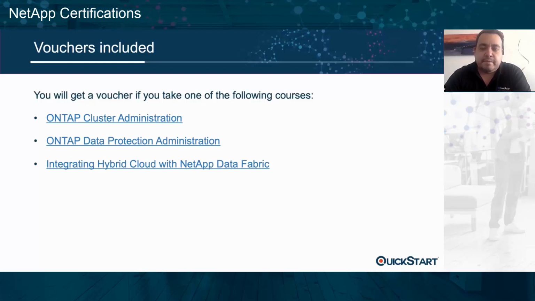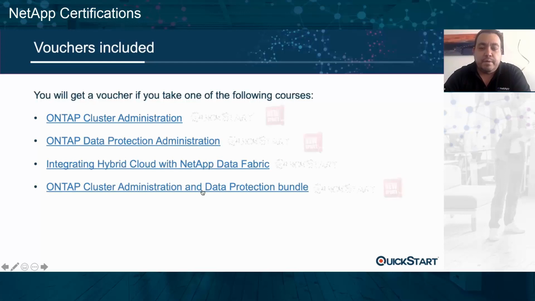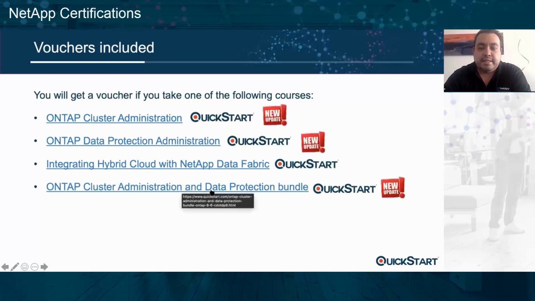Now, as I said before, most of the times we offer the cluster admin and data protection, both of them within the same week. That means that if you take both of them within the same week, you get 2 vouchers, okay? Now, you can use the vouchers for any test besides the FlexPod tests. Why? Because all the certs that I showed you, besides FlexPod, the price of the test is $150.